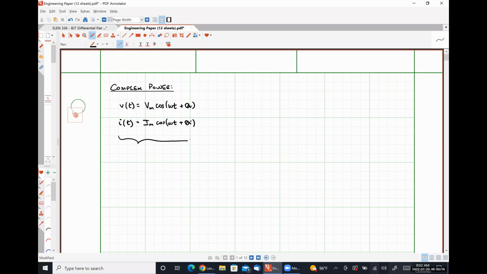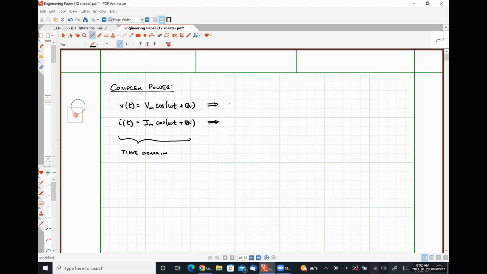As we should already know, these are the time domain representations of these signals, and we have learned to convert these signals into the frequency domain by using phasors.